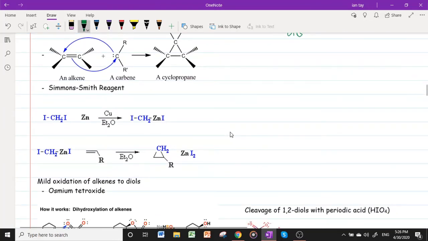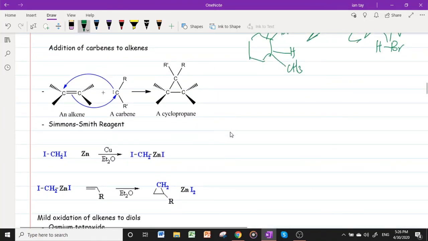But as you expect, carbene is highly unstable, right? So normally you want to generate the carbene in situ, or generate a carbene-like reagent that achieves the same effect.